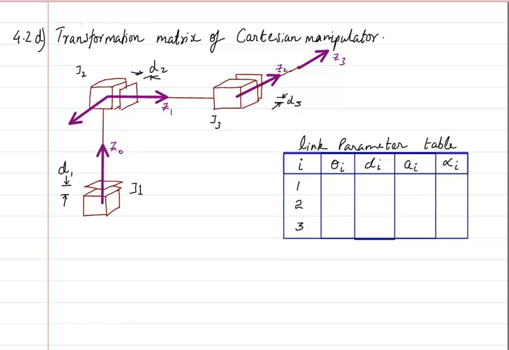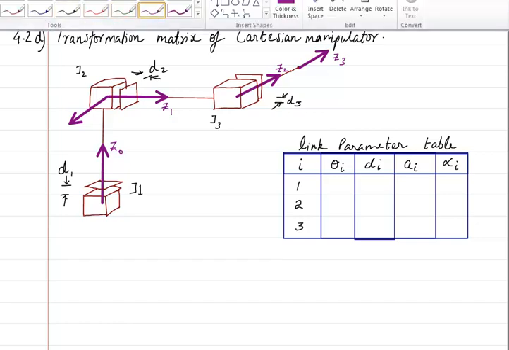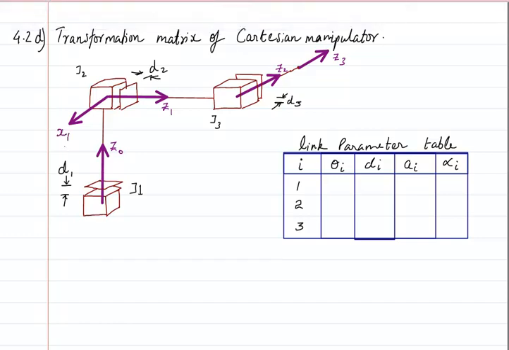That is going to be our x1. Now if I want to keep things simple, it's better that for joint J1 I draw the x-axis in the same direction as x1, because that is left to our choice. So this is our x0 axis, and x1 is drawn.